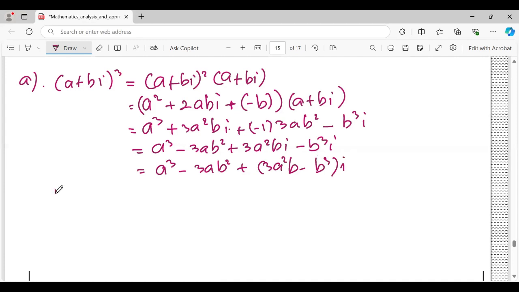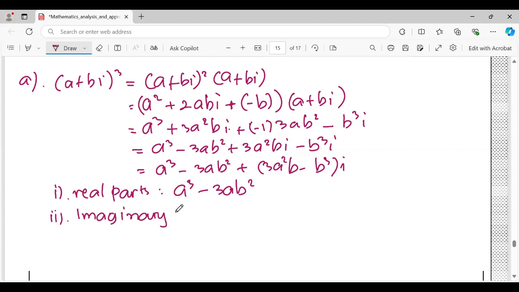So the real part is a cubed minus 3ab squared, while the imaginary part is this part: 3a squared b minus b cubed.